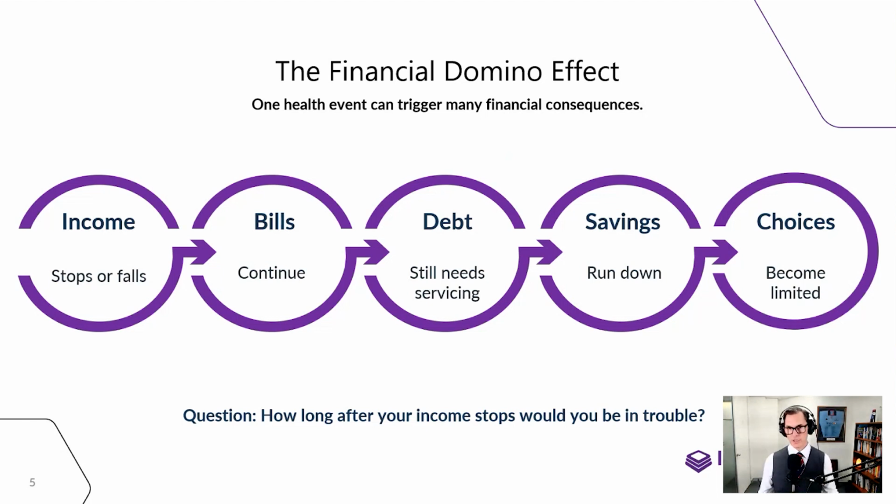As we all know, the bills will continue to come in. Bills don't stop. We still have to pay mortgages and utilities and put food on the table and all those sorts of things, which is flowing into the next middle circle there, which is debt. And that's, again, what a lot of mortgage brokers would be very familiar with, of course, is our job is to put people into debt.